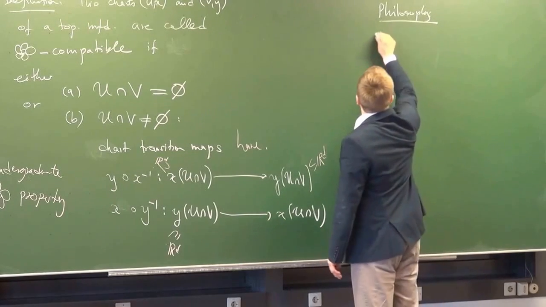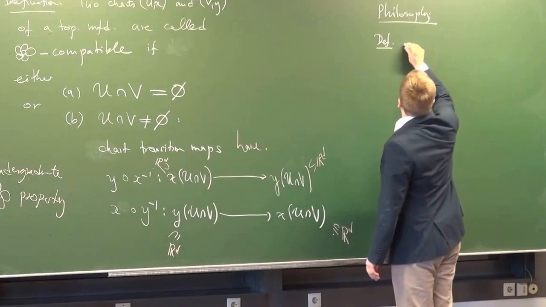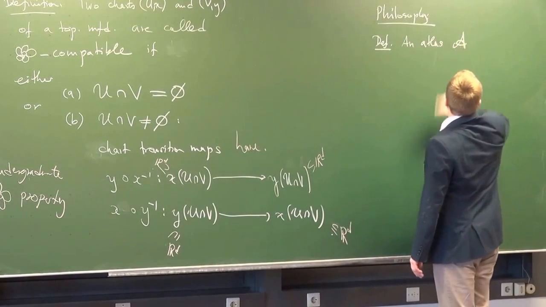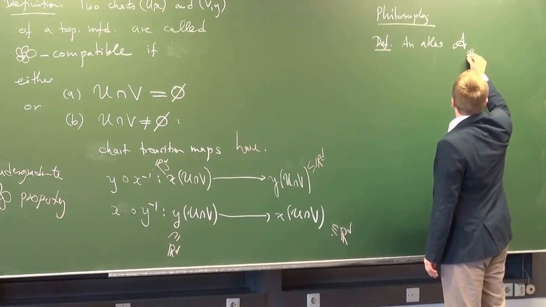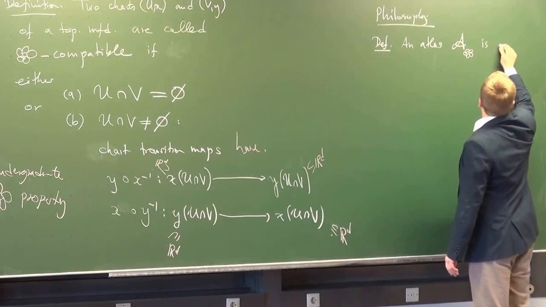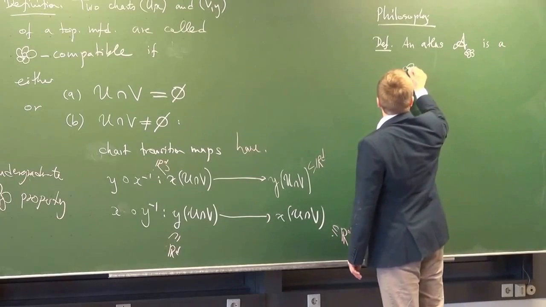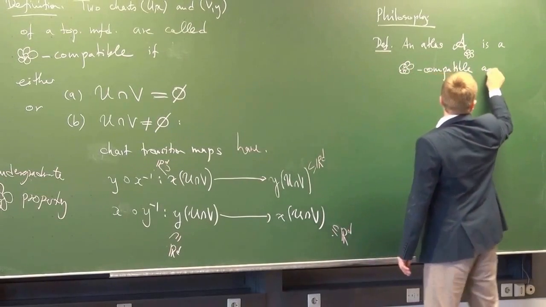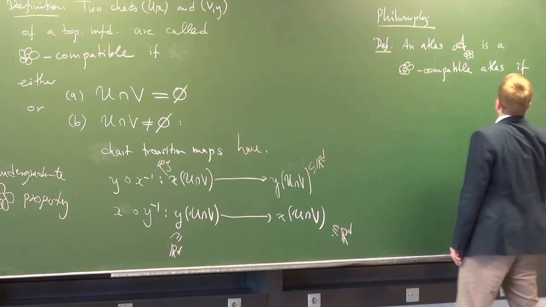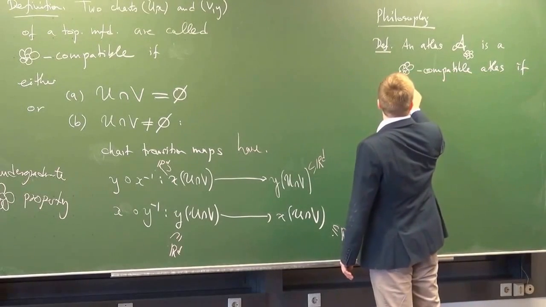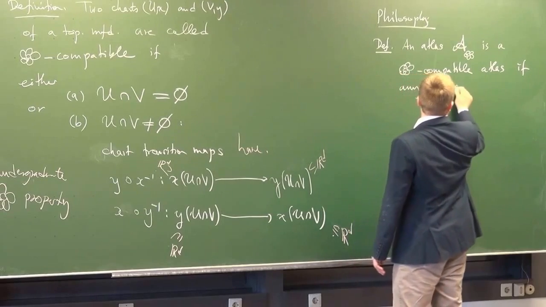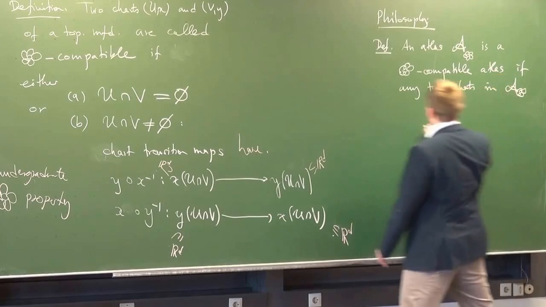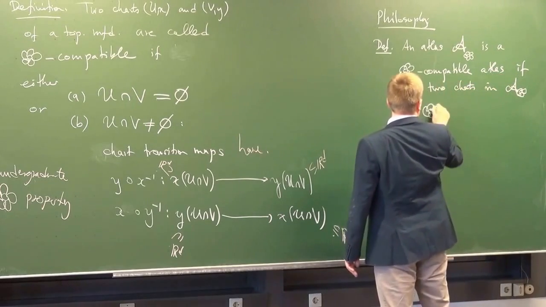You define an atlas A flower to be a flower compatible atlas if any two charts in A flower are flower compatible.